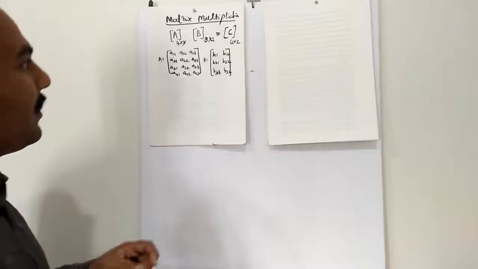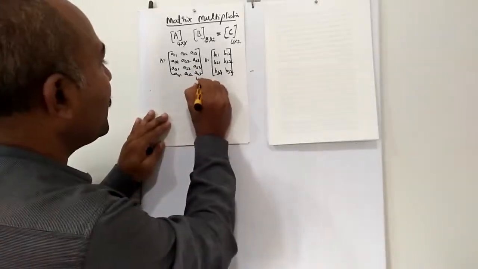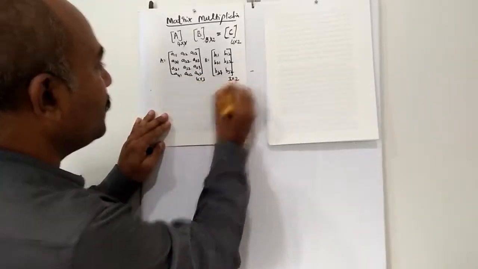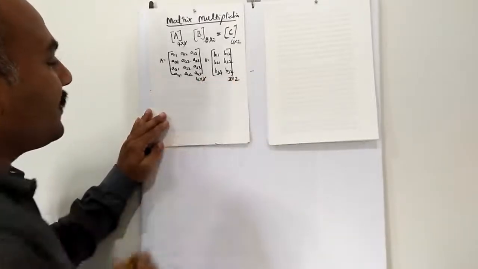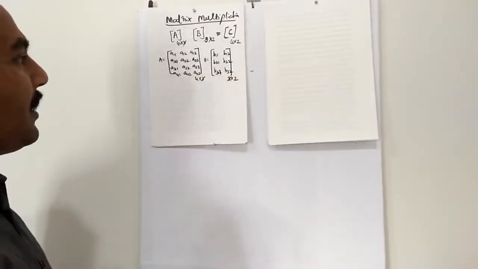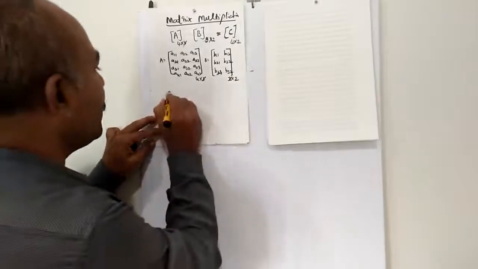So A is of order 4 into 3 and B is of order 3 into 2. You will get the resulting matrix C in the order 4 into 2. So C will be the answer.